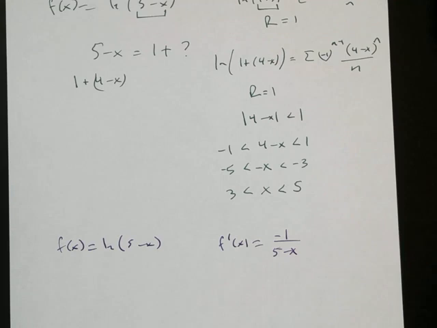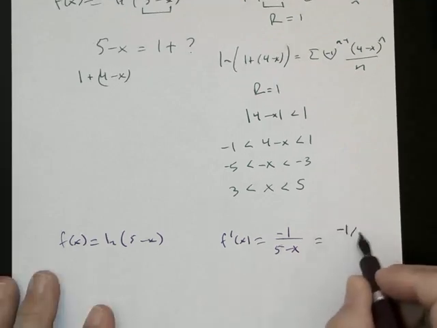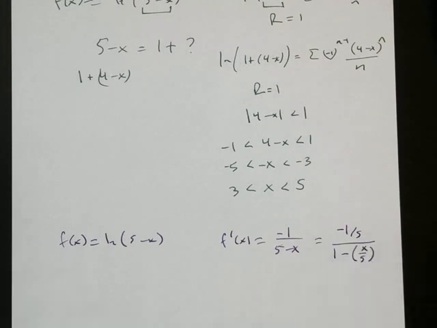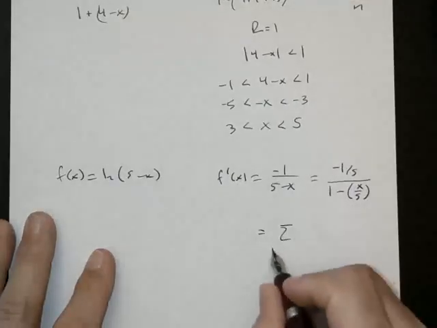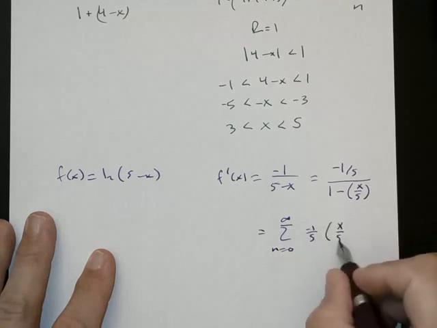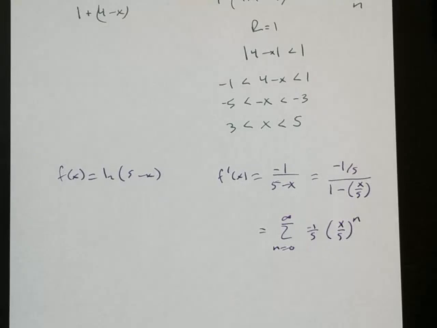This is negative 1/5 over 1 minus x over 5. So far, so good. A over 1 minus r, turn that into geometric. Which I will then do the same thing we did before: minus 1 over 5 to the n plus 1, x to the n.